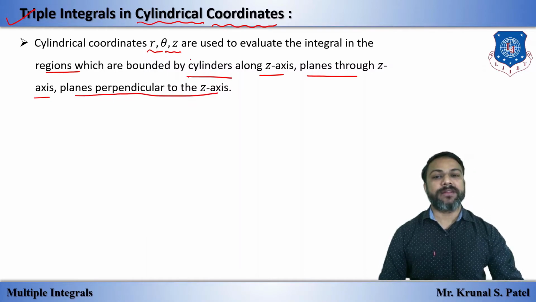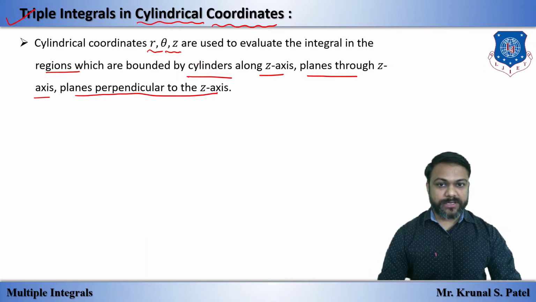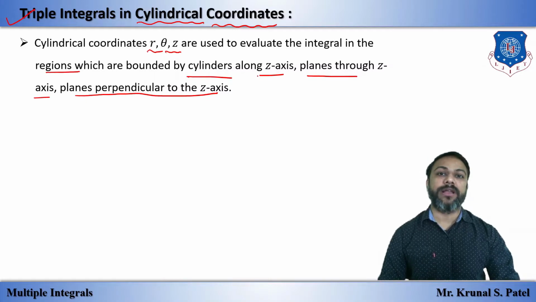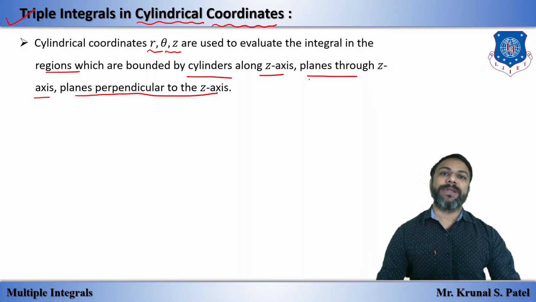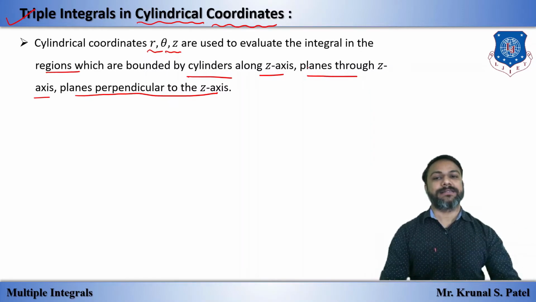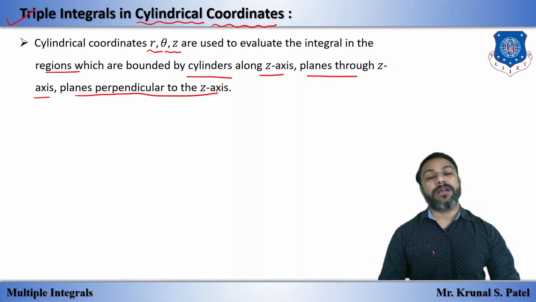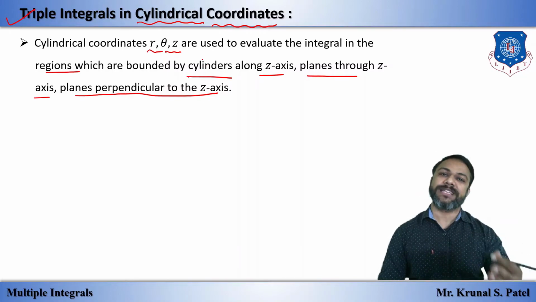Okay, so whenever the given region is bounded by a cylinder along the z-axis, a plane through the z-axis or a plane perpendicular to the z-axis, at that time we will convert the Cartesian coordinates into cylindrical coordinates.